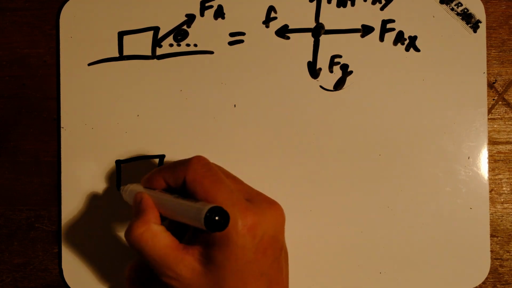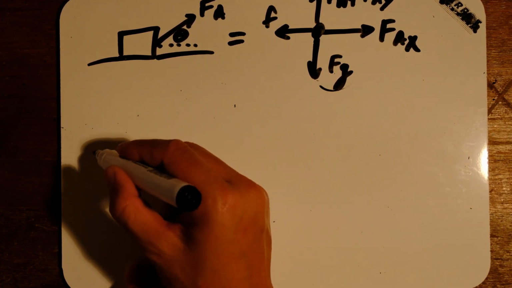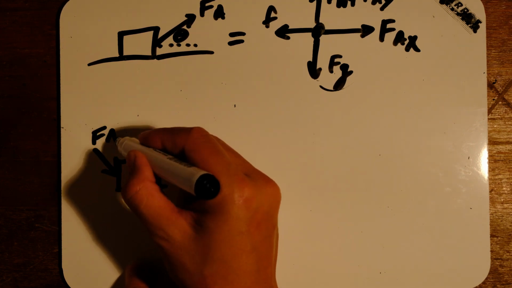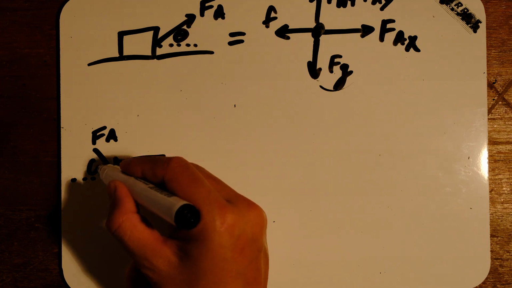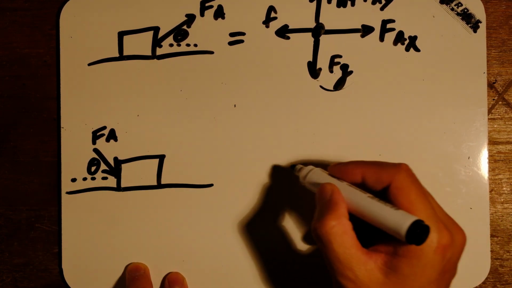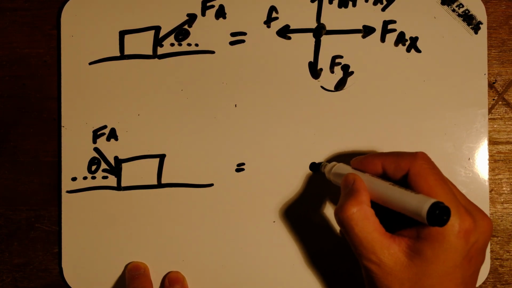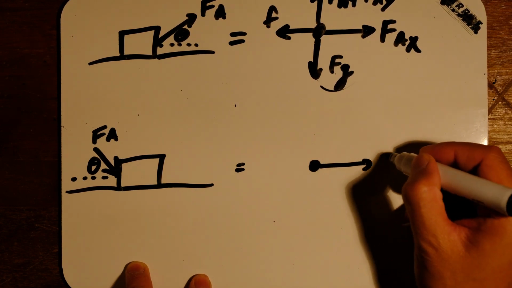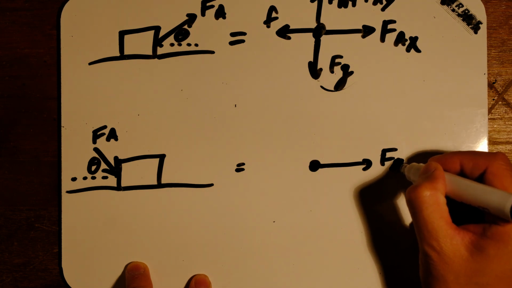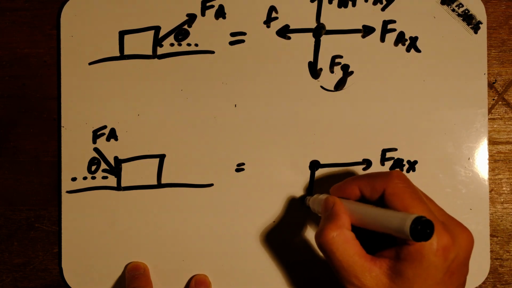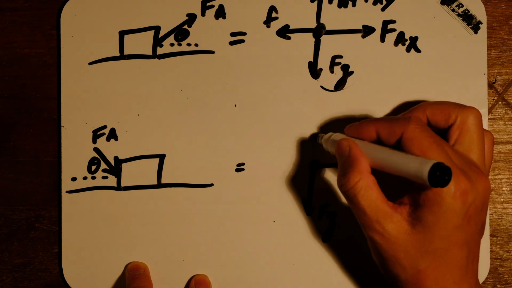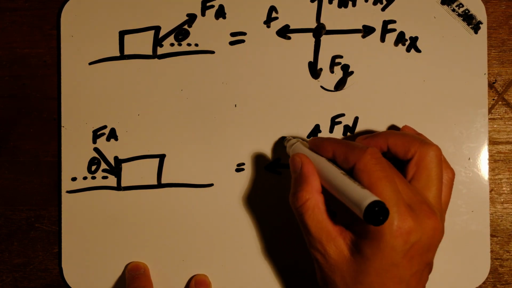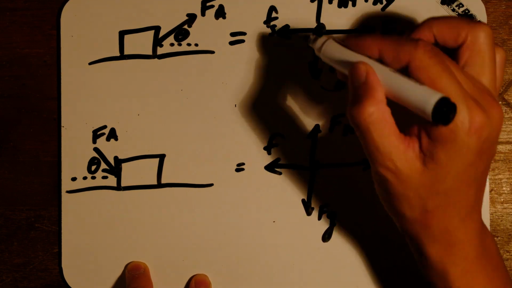Whereas if we take an object where we are pushing down on the object with an applied force at angle theta, then our applied force acts in a different way. We still have that FAX, we still have Fg, we still have Fn, and we still have force of friction.